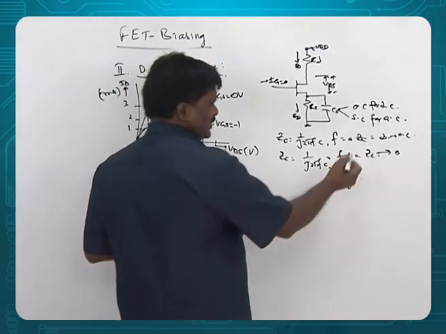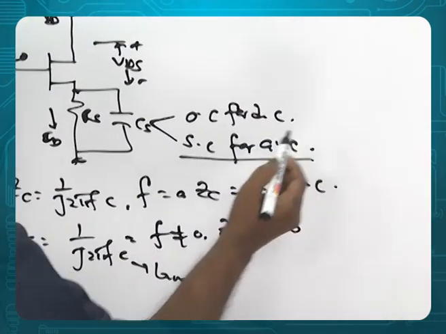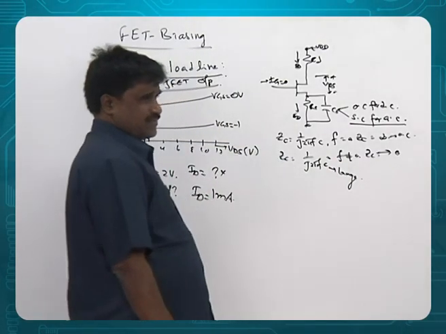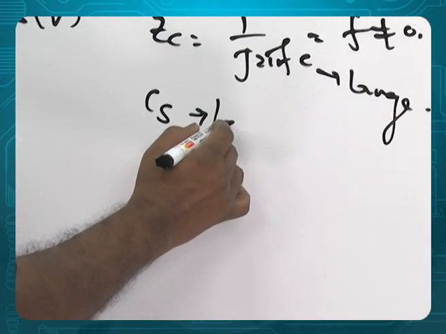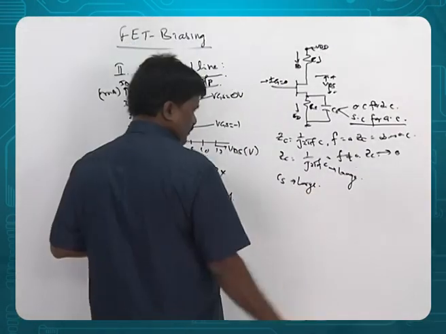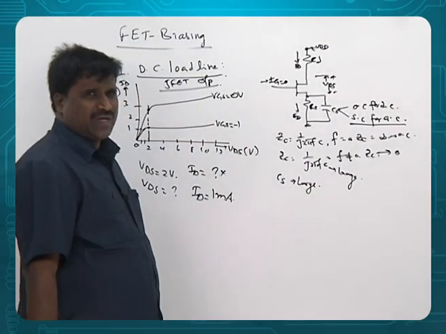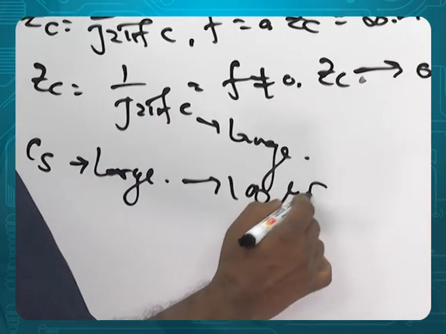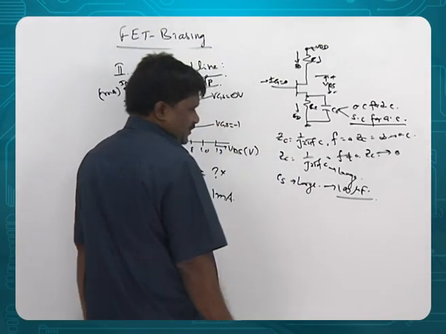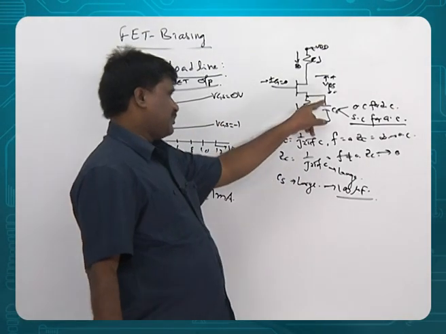That's why when I write any short circuit, I mean that large capacitance. Please understand the capacitance here is very large. When the capacitance is large, that's why we say this is 100 micro. This capacitor is called bypass capacitor.